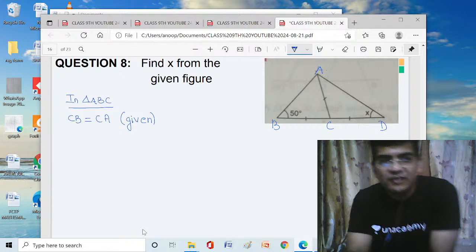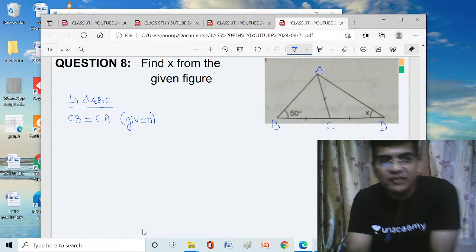Why? As this is an isosceles triangle, the angles opposite to equal sides are equal. So these two sides are equal. Opposite to this we have B, opposite to this we have A. So I can say opposite to CB I have A, opposite to CA I have angle B.